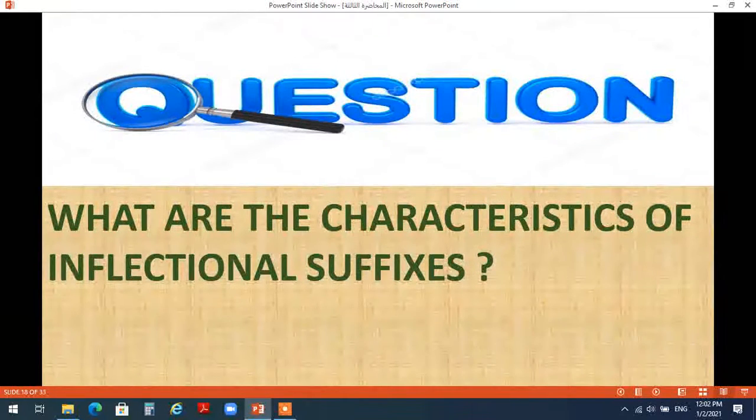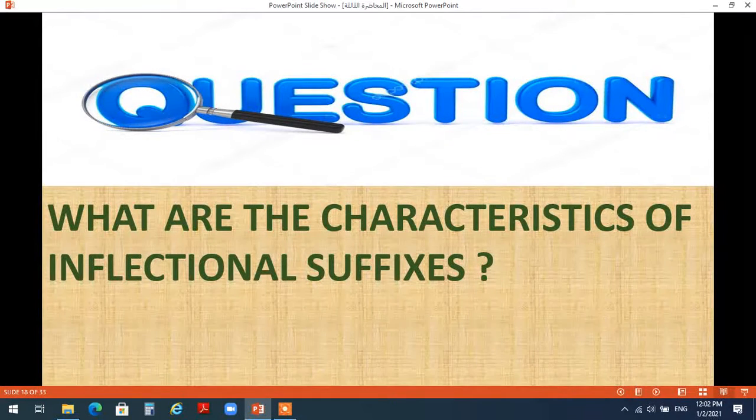Now, a question regarding these inflectional suffixes in English. What are the characteristics of inflectional suffixes? These are the seven or eight that we explained a little while ago.